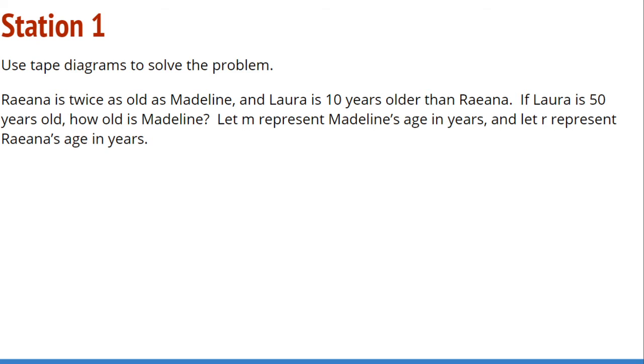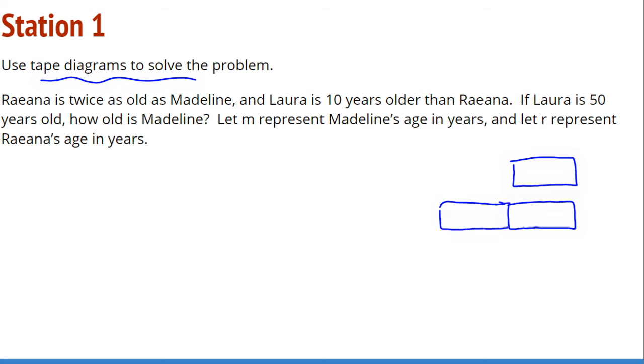So here we go. It says use tape diagrams to solve. Raina is twice as old as Madeline, and Laura is 10 years older than Raina. So the youngest person that I have here is Madeline, so she's going to get the start of my tape diagram. And Raina is twice as old as Madeline, so I'm going to do 2 squares for Madeline.